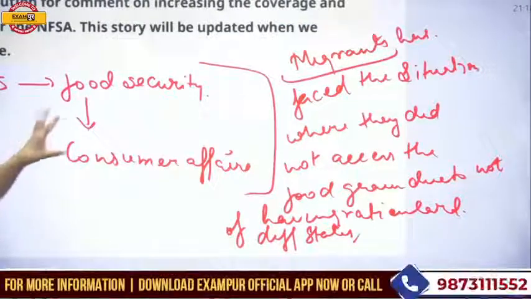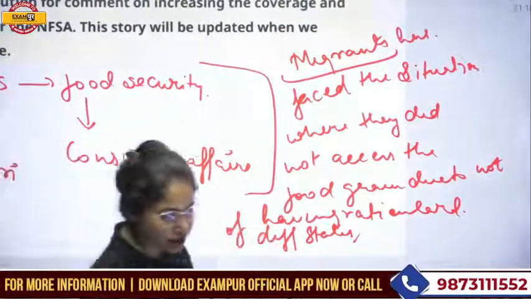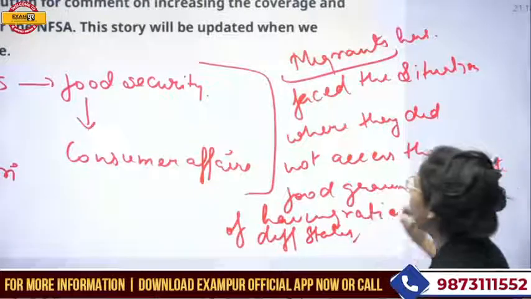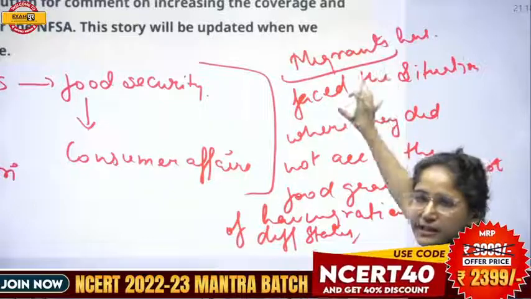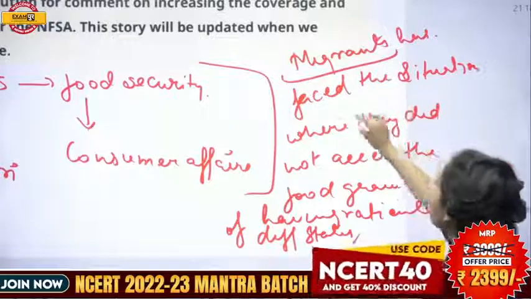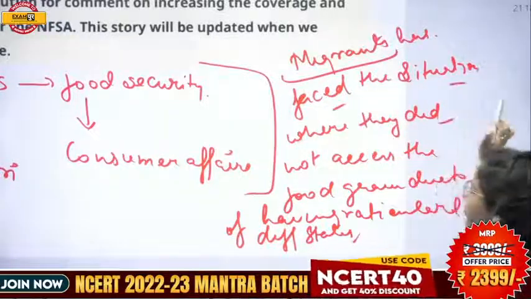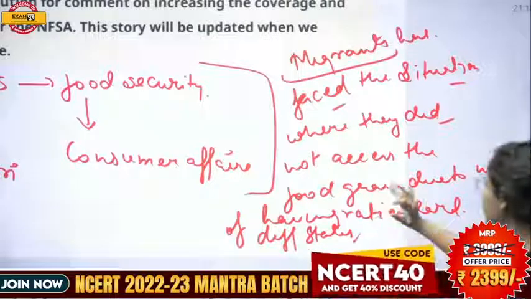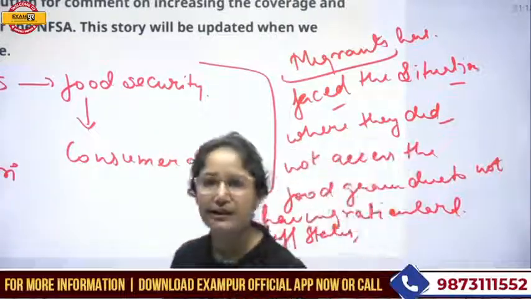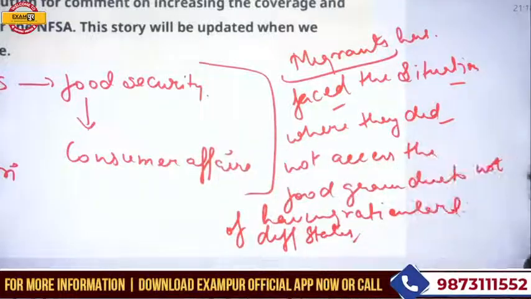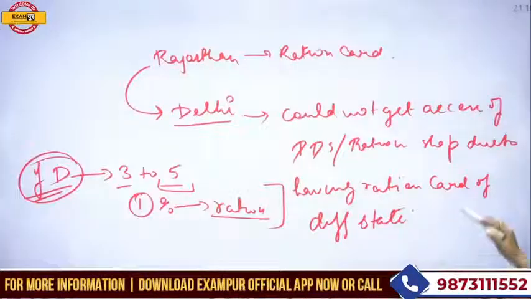This is with reference to ration cards; you need to know about this point. At the time of the pandemic, migrants faced a disastrous condition. They could not access food grain just because they had a ration card of a different state. Let me explain with an example, Rajasthan and Delhi.